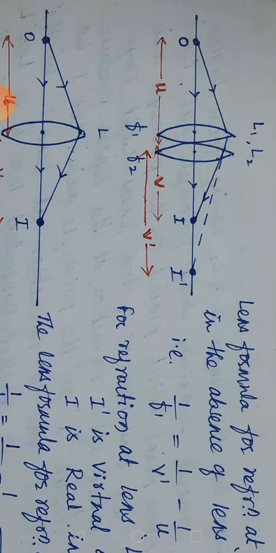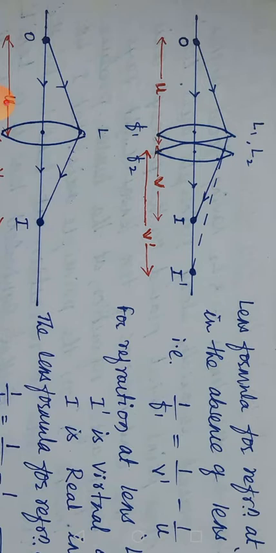Once again the light undergoes refraction at lens L2, thereby the light bends towards the normal, towards the principal axis, and produces the final image I. What you need to notice here is that I dash is the image formed due to refraction at lens L1 alone in the absence of lens L2, whereas I is the final image produced due to refraction at both the lenses L1 and L2.